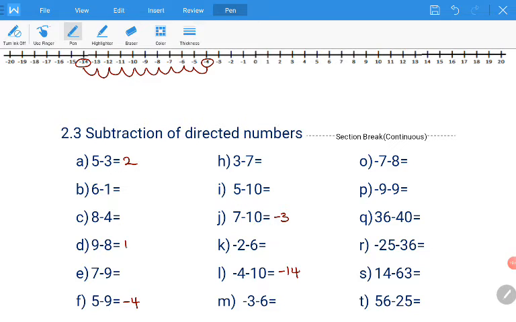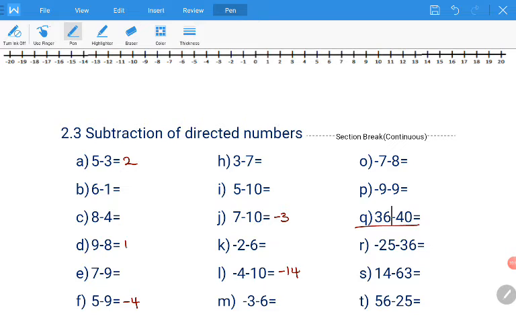So these expressions are very easy to solve, especially using the number line. Now, there are other bigger expressions where you cannot subtract using the number line. For example, if we look at question Q, which is saying 36 minus 40.